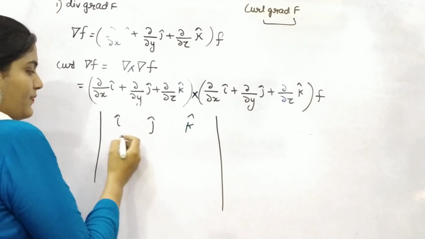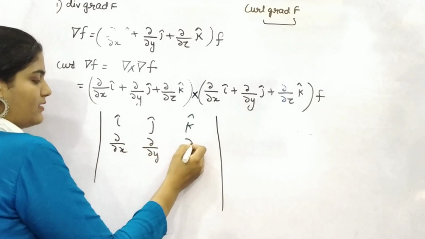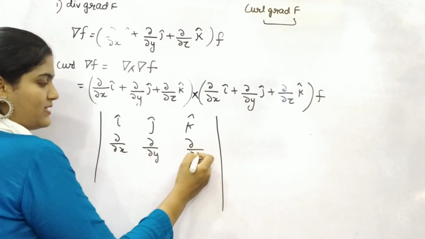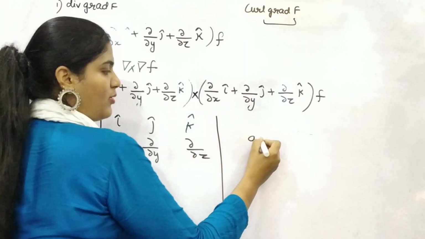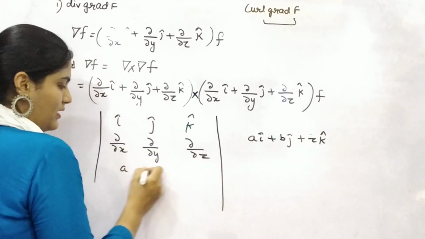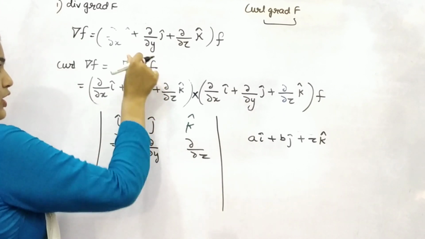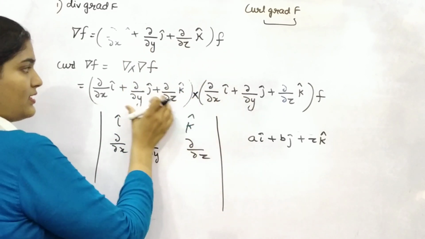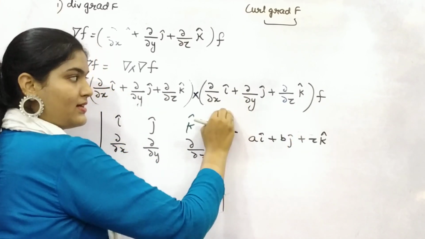So i, j, k, and the second row is partial differentiation with respect to x, y and z respectively. And here, if the function is in the form of ai, bj, ck, then you have to write down a, b, c. What is a, b, c here? You can see your function is in the form of this, correct?